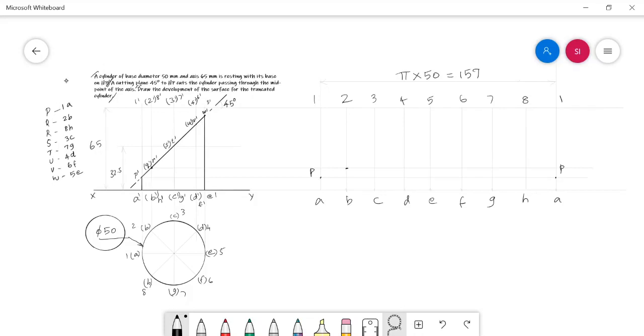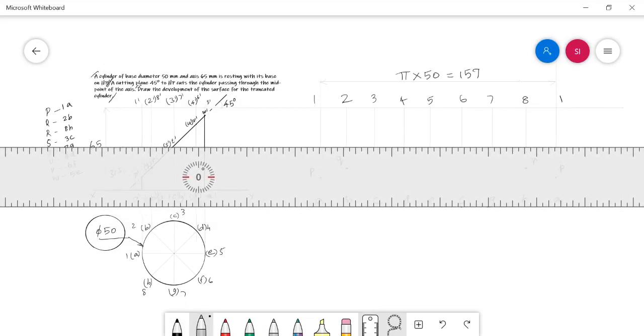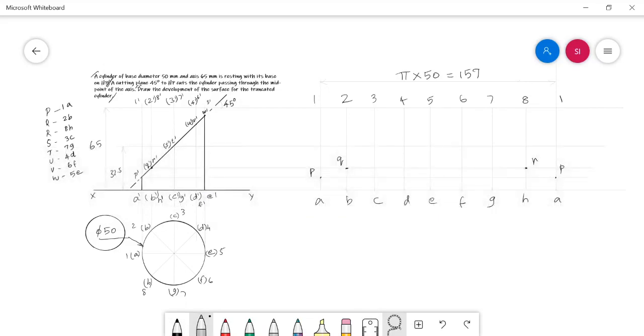So here it is intersecting 2B, so I mark Q here, and it is intersecting 8H here, and I mark the cut point R. And now I am projecting the cut points S and T. Wherever they intersect 3C, I mark S, and when intersecting 7G, I mark the point T. So this intersects 3C here, so I mark the cut point S here, and this projector intersects 7G at this part, and I mark the cut point T.